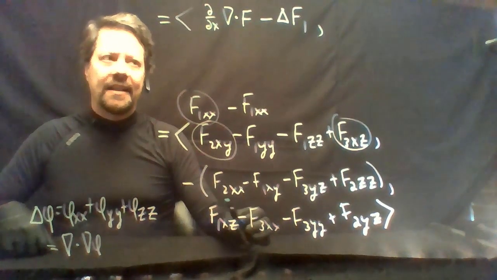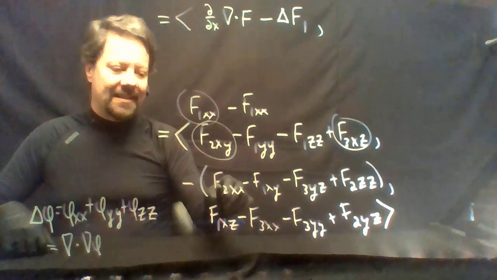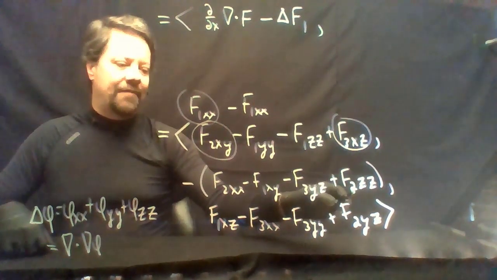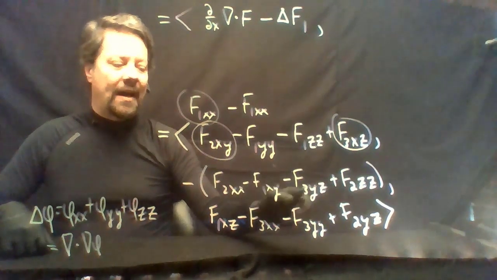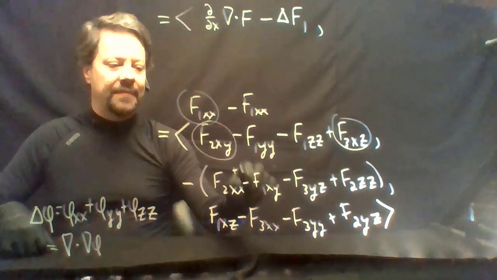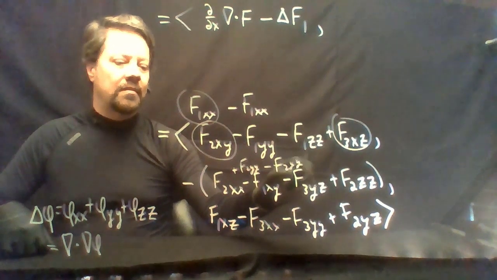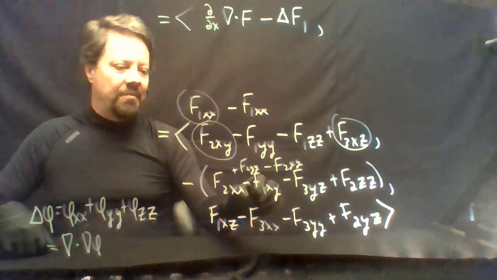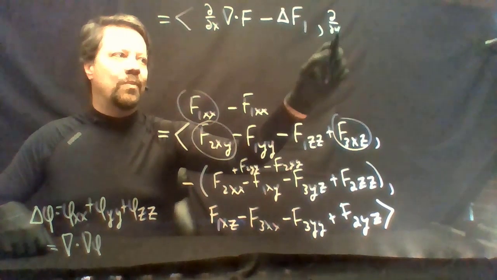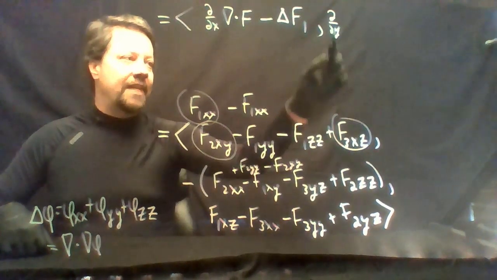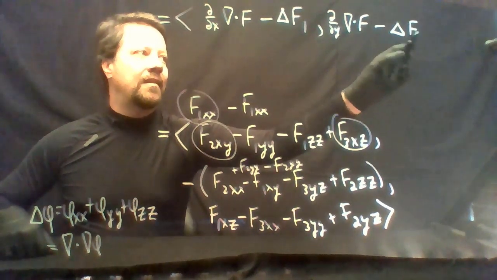Do we get the same thing in the middle term, or something similar? You can see how we have minus f2xx and also minus f2zz. We're missing the minus f2yy, which will help in the middle here a little bit. We end up with minus minus makes plus on the remaining terms. All of them have a derivative with respect to y and end up being a divergence of f minus the Laplacian of f2.